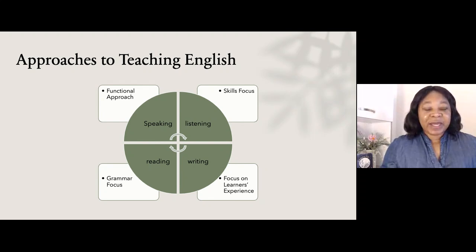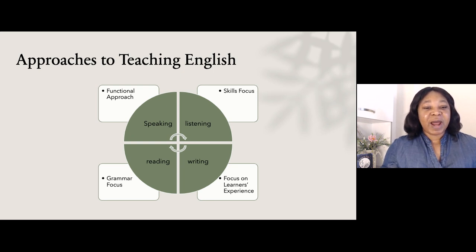Now, let's look at English language from the point of view of basic skills. We teach listening, speaking, reading, and writing. Okay, we can also focus on skills, which basically is teaching from these 4 perspectives. We can focus on the speaking skill, listening skill, reading or writing skills. We can take a functional approach, which I'm going to introduce you to.